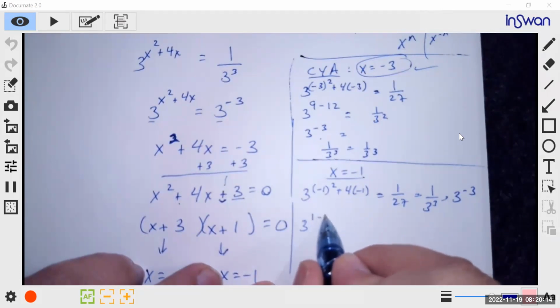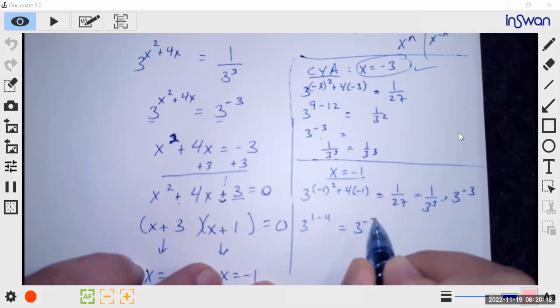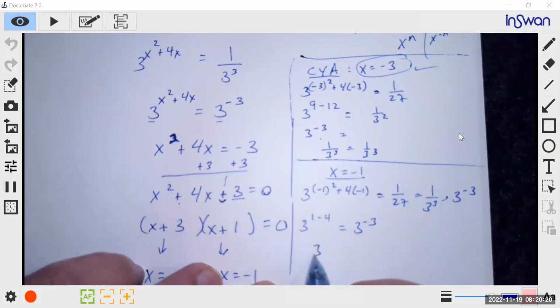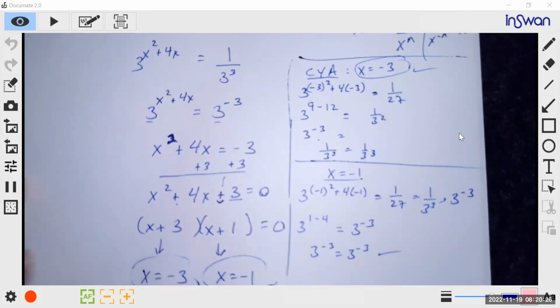Positive negative is -4. 1 minus 4 is -3. So both of those answers work. Okay, so those are the examples we have there.